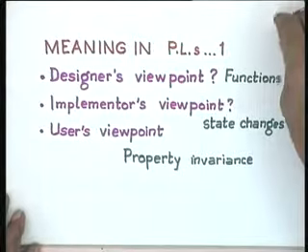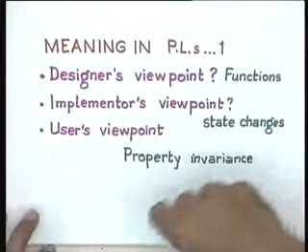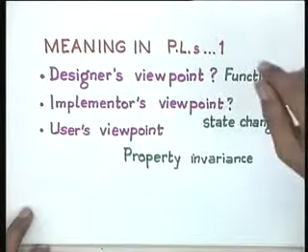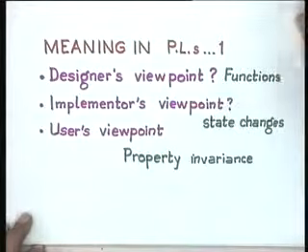So when we look at meanings in a programming language, there are various viewpoints. One is the language designer's viewpoint, that he is really providing a set of high level primitive functions. Okay, the idea of designing a high level language itself is that your original machine is too primitive to admit of convenient programming. And what does convenient programming mean?